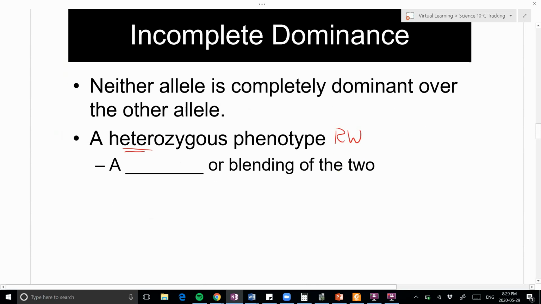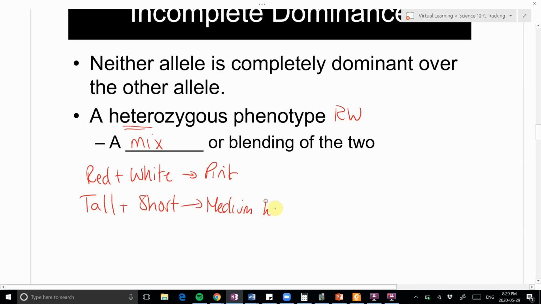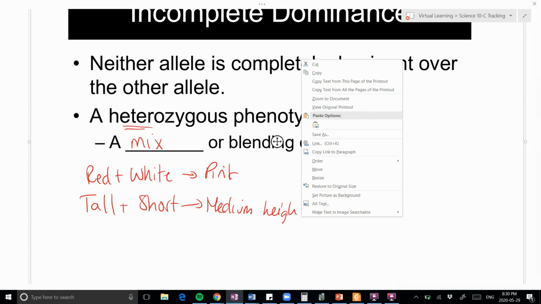So that'd be like RW, if it's heterozygous, we see a mix or a blending of the two. So if you have red and white, we get pink. If you had, let's say, tall and short, you would get medium height. So it's like they're meeting in the middle. I'll add that in there.